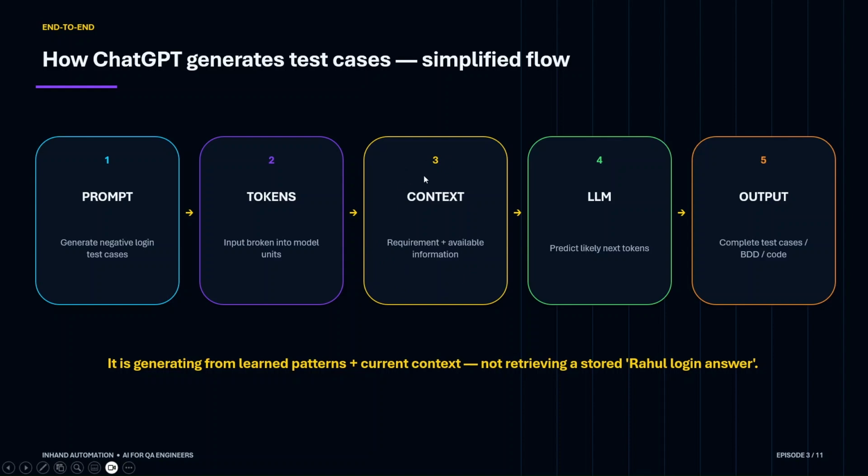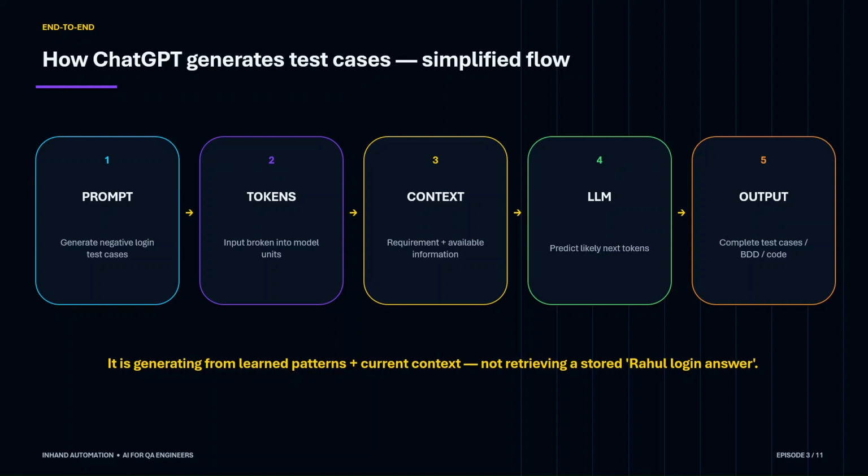Based on the patterns learned during training, the model will try to predict the likely output tokens. The LLM will predict, based on this context and these tokens, what should be the output of this prompt.